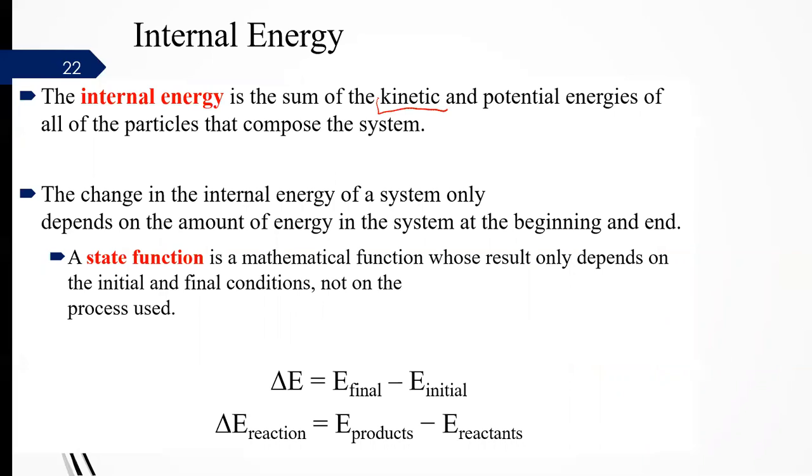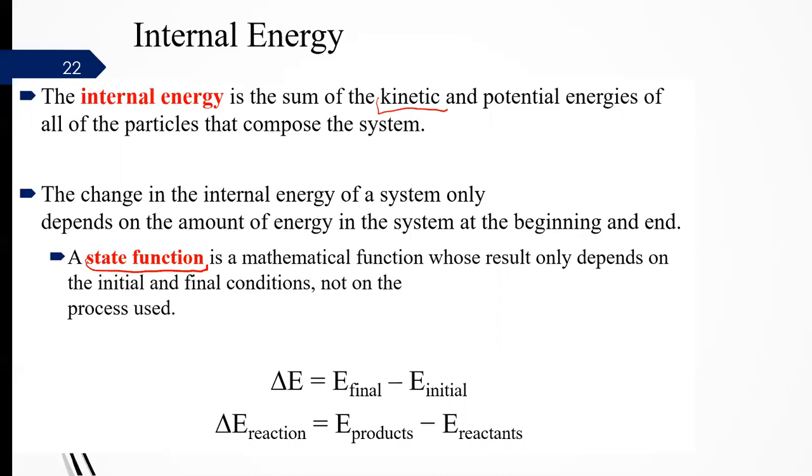The change in the internal energy of a system depends on the amount of energy in the system at the beginning and at the end. It doesn't matter in the middle. What that means is that it's what we call a state function. And so state functions can be really useful, but sometimes they can be a little bit confusing.